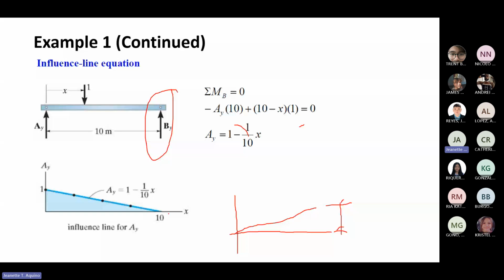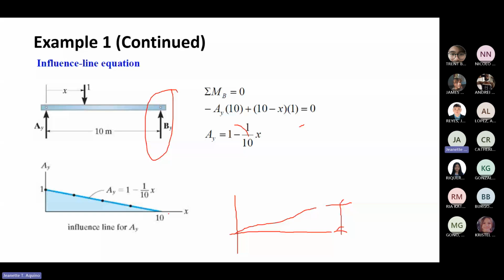What are the forces? Load x times 1 downwards, negative, plus By times 10 equals 0, and so By is equal to x over 10.